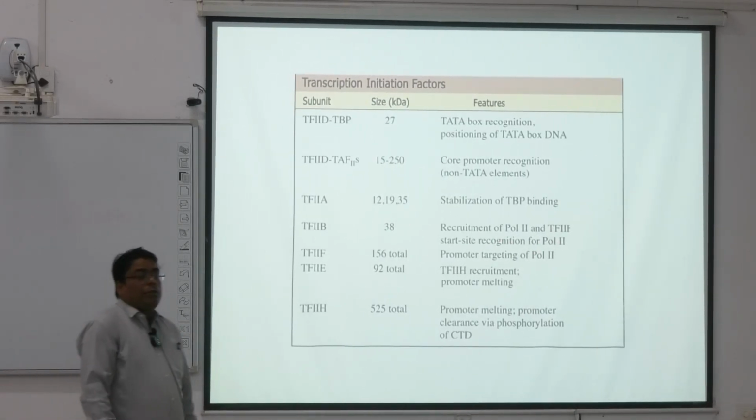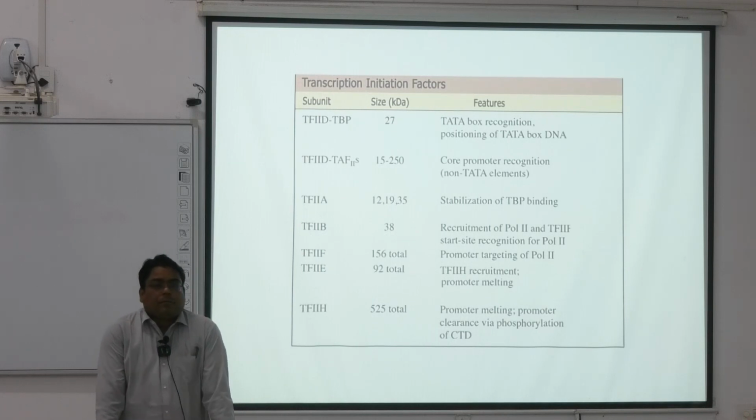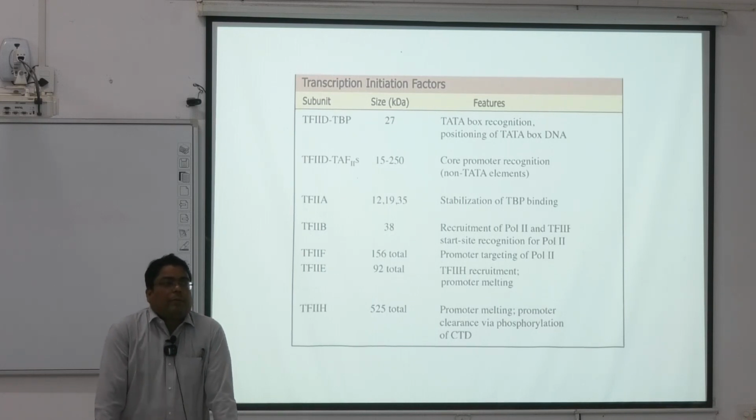Now there is a requirement for RNA polymerase. Why is there a requirement of RNA polymerase? Raise your hands who wants to give the answer. Confidently give the answer. Speak. Very good. See, what is the function of RNA polymerase?